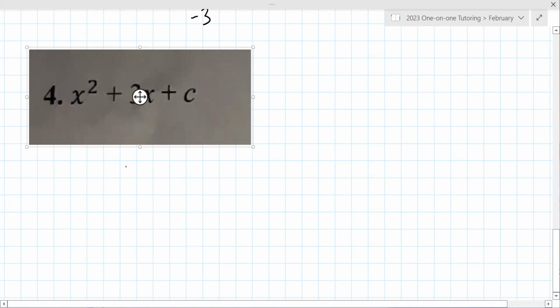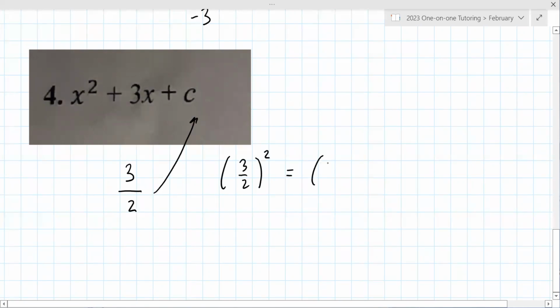So when you take 3 and divide it by 2, it's no longer a friendly number. It's a fraction. It's 1.5. So you actually write that, and then you got to square it. So 3 halves squared means, just like before, you multiply it by itself. Would it be 9 over 4? Yeah, like that.